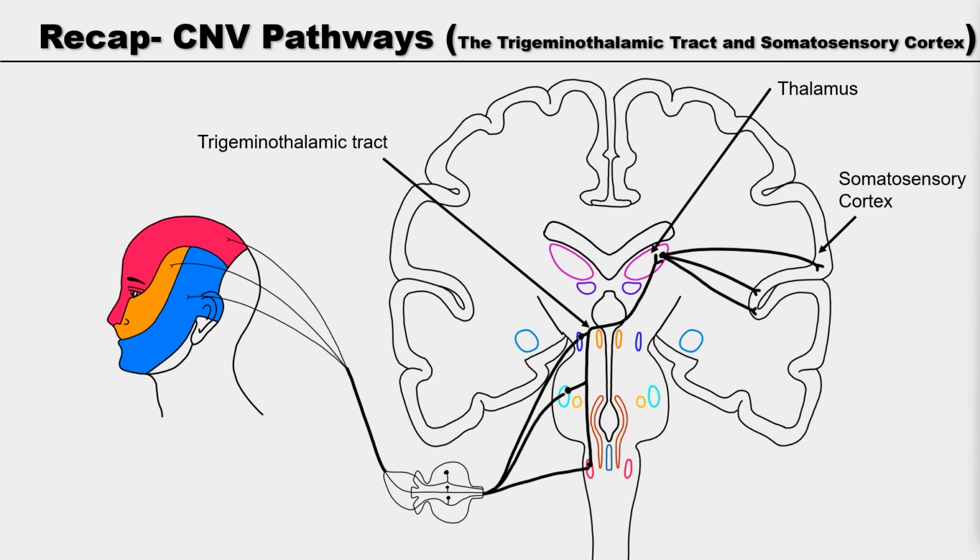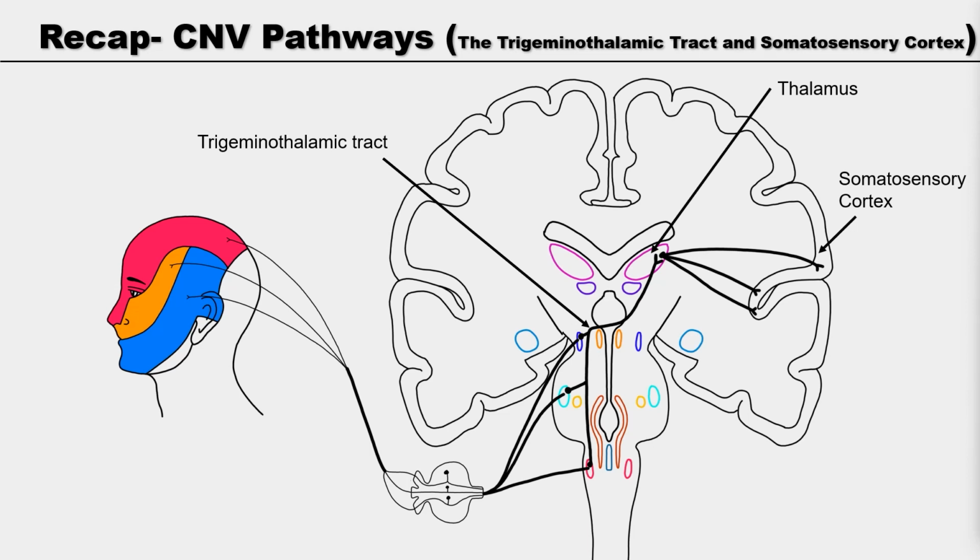Once these first order neurons are at their appropriate nuclei, they synapse onto a second order neuron which enters the contralateral trigeminothalamic tract. In other words, it crosses the midline and arrives at the contralateral thalamus. This image does not show that clearly, but you'll understand why I've left it on the same side as we move through, as the picture gets rather complicated if we swap it over.